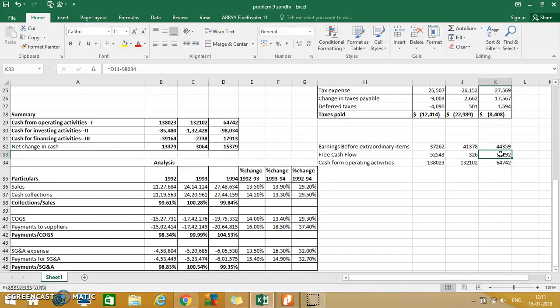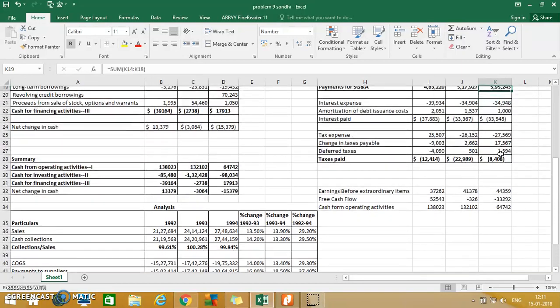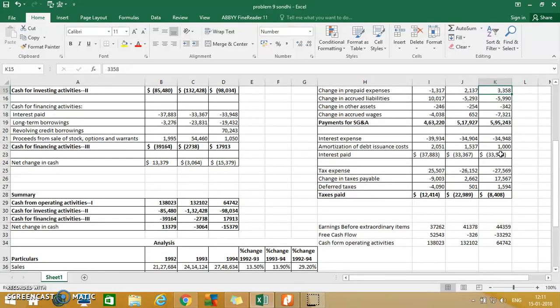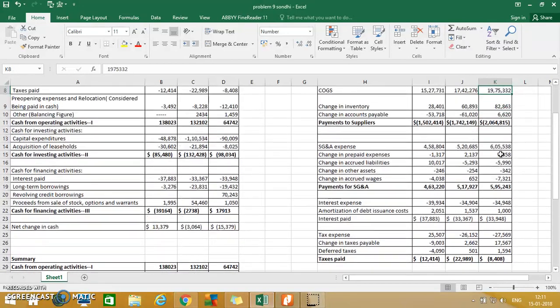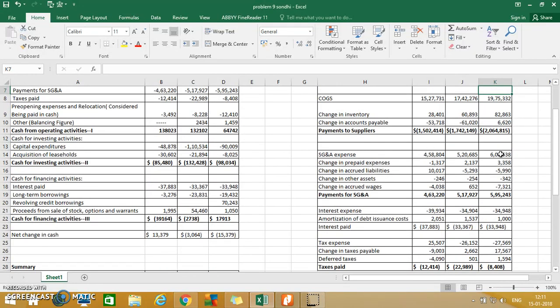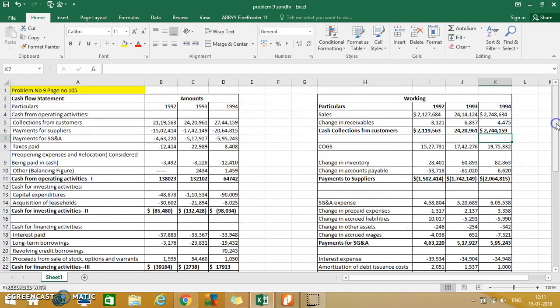You see that in 1993, in the financing activity, it met its requirement by issuing stock, and in 94 the firm's short-term debt increased considerably as its credit lines also have grown. So it shows that the company has been depending more on short-term loans, and it is also issuing stock.